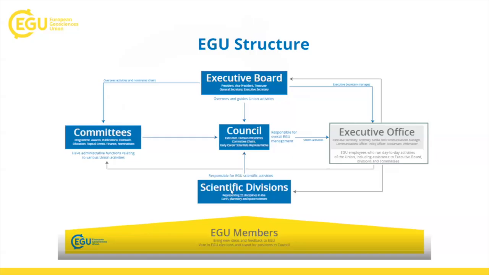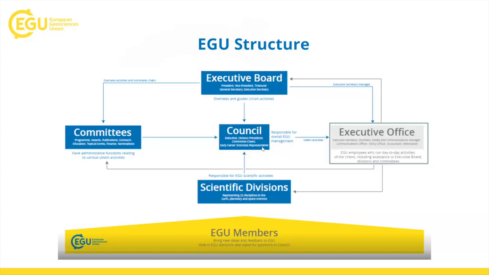So if you want EGU to particularly tackle something, or you think it's going in a particular direction that you want to support perhaps, or have feedback on, then whatever division you're part of, and you can be part of more than one division, of course, feedback to your president and contact them about what you think EGU should be doing, and then they can feedback to the council.